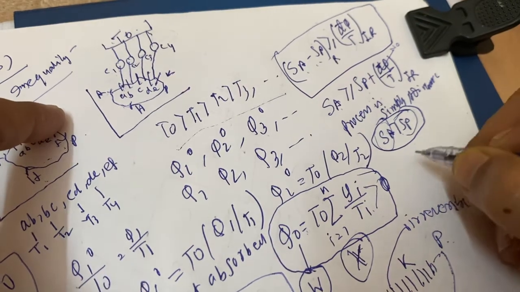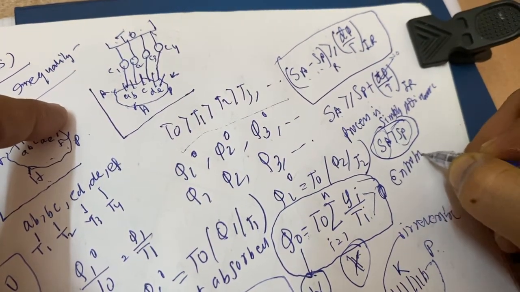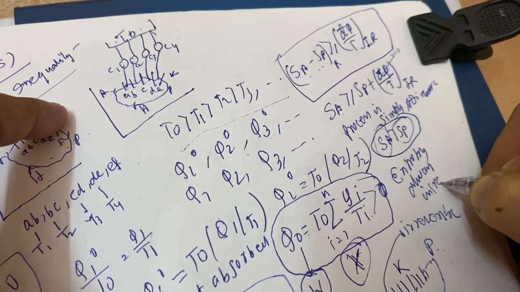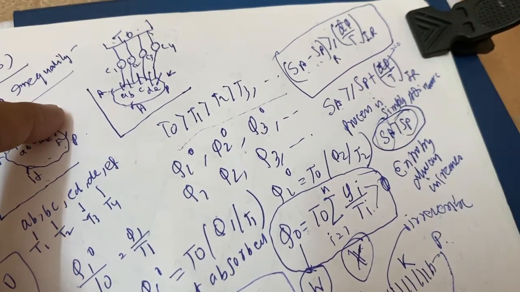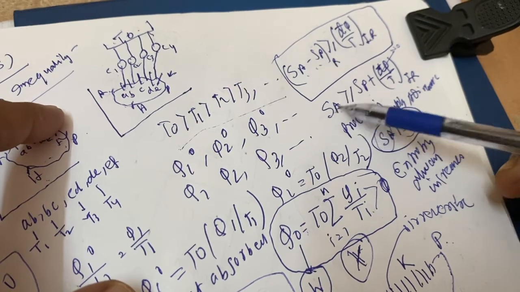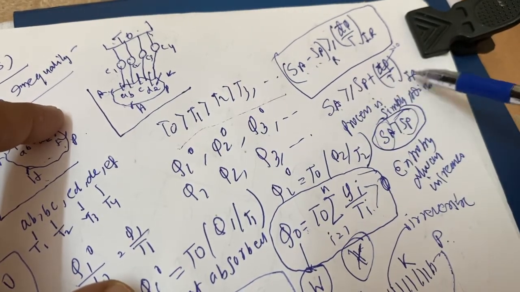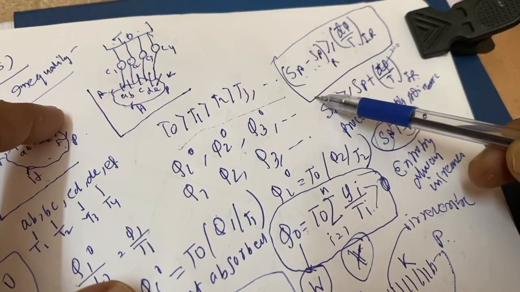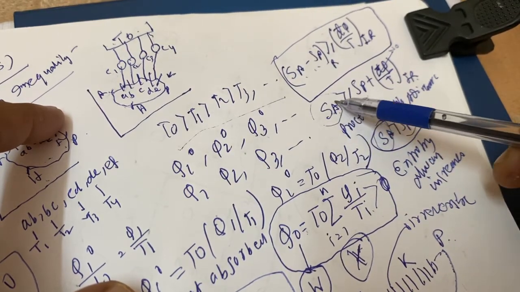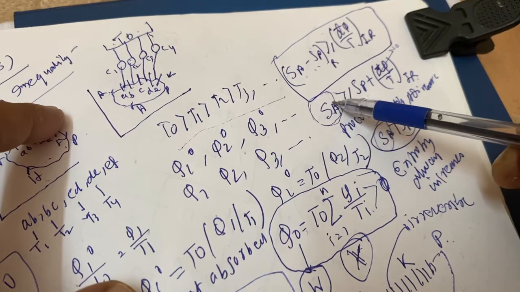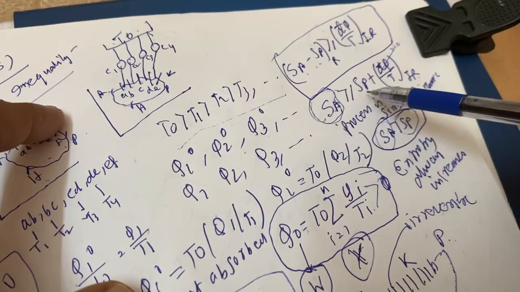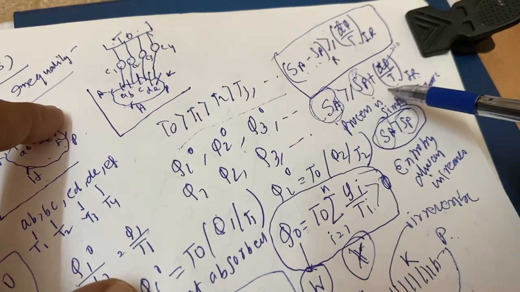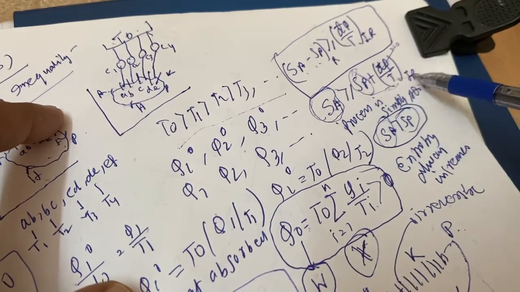So entropy always increases. I am repeating: SA equals SP plus the integral of dQ by T for the irreversible process. So the entropy at the final point A is always greater than the initial SP plus dQ by T irreversible.